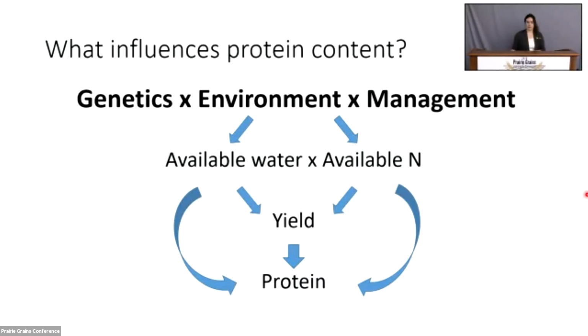The two biggest things that are going to affect your yield and protein are how much water is available to that crop during the season, and secondly, how much nitrogen is available to that crop during the season. Some of those things might be within your control or out of your control. Firstly, they're going to affect yield, and then they're also going to affect protein. So available water, available nitrogen, and yield are all going to influence what your final protein content is at harvest.